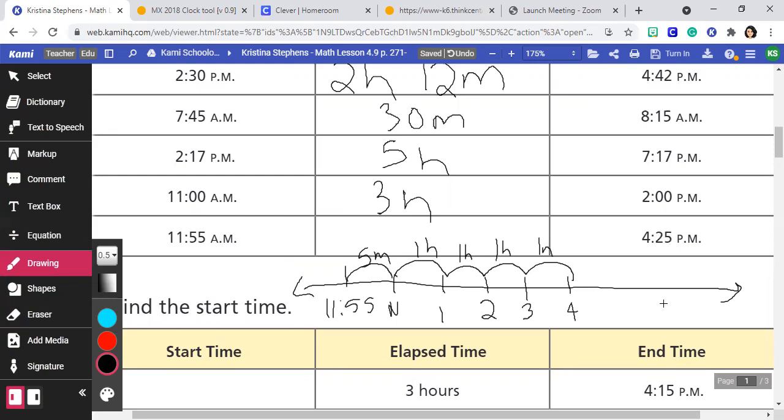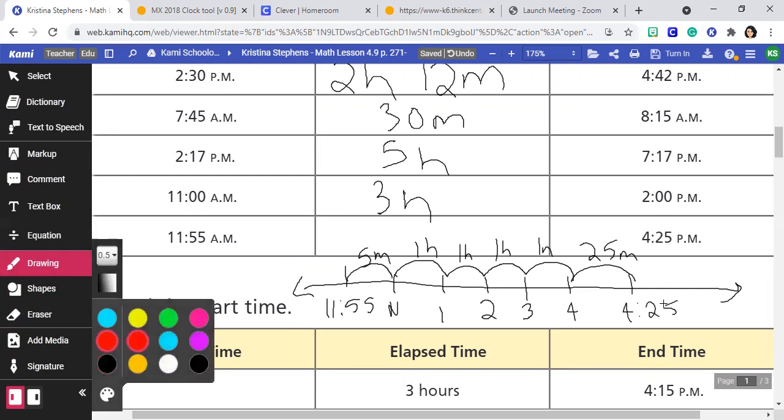So I'm going to put another jump here. And I'm going to label it so I remember that it's 25 minutes. Well, if I take a look at this now, how many minutes have I jumped altogether?